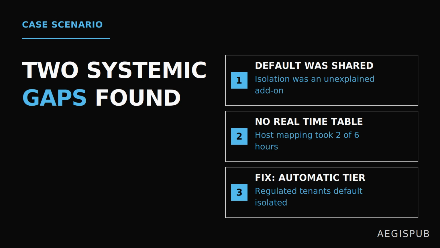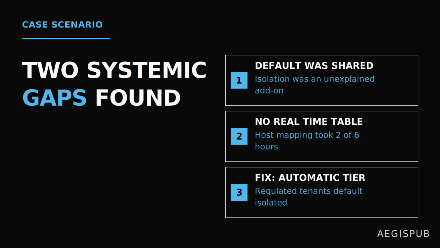The first is that dedicated host allocation was not a default option in your onboarding process. It was an available but explicitly requested and priced option that most customers declined during procurement because the cost delta was not explained in terms of the isolation benefit it provided.